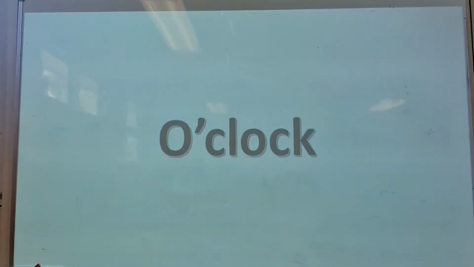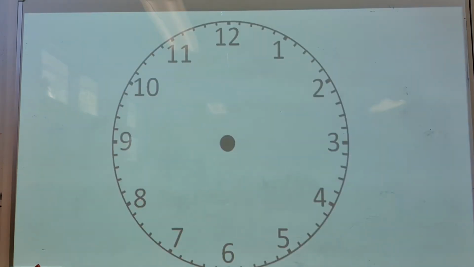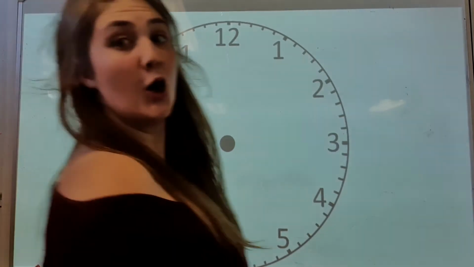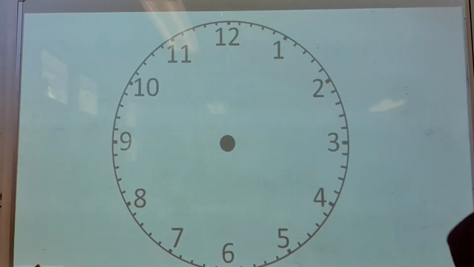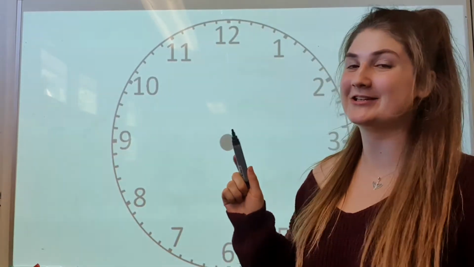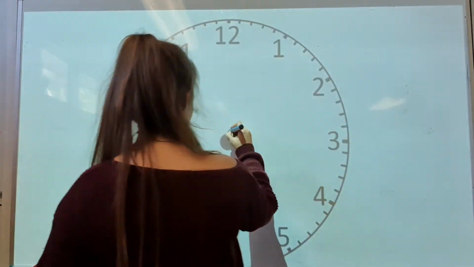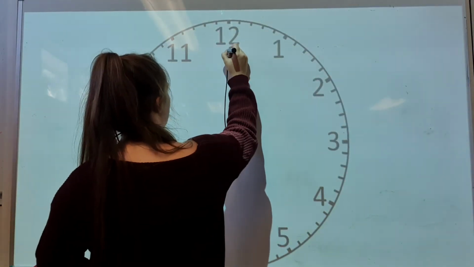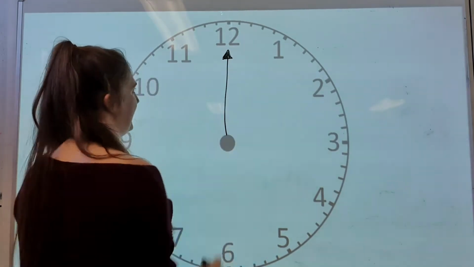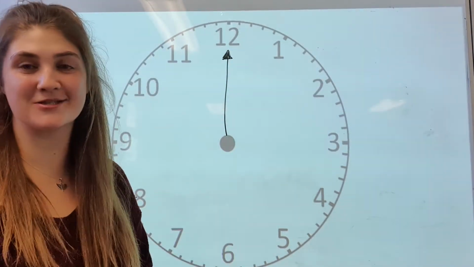Okay, first up, of course, is o'clock. Now we know that on our analog clock, our minute hand, when we are talking about o'clock, is always pointing up towards the 12. So our minute hand or the long hand is always up pointing towards the 12.